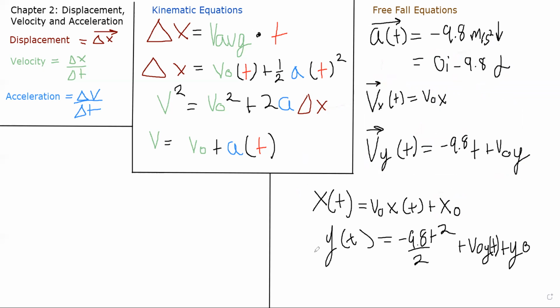And then your displacement of y in terms of time will be negative 9.8 t squared over 2 plus your velocity of y times t plus your initial y as your constant. Again, when you integrate your v of x, you'll get your x. And when you integrate your v of y, you'll get your y.